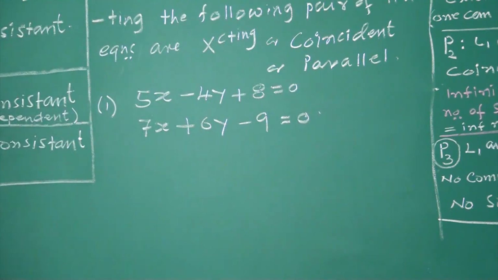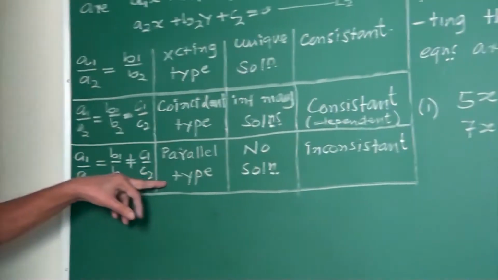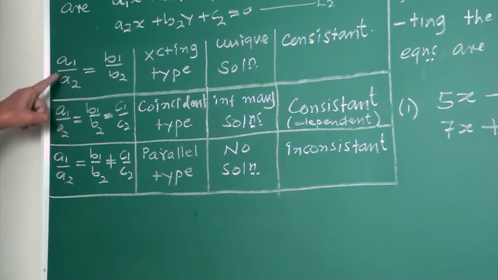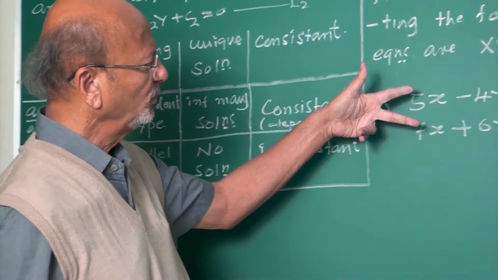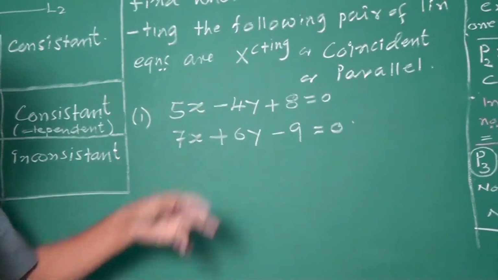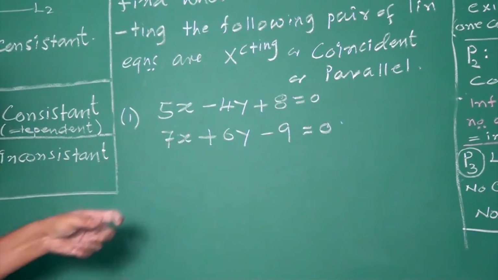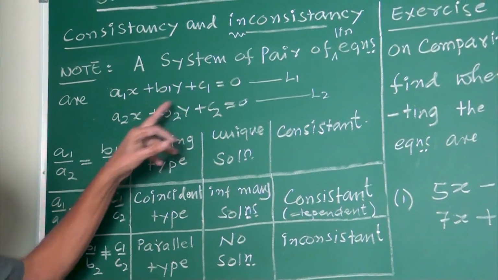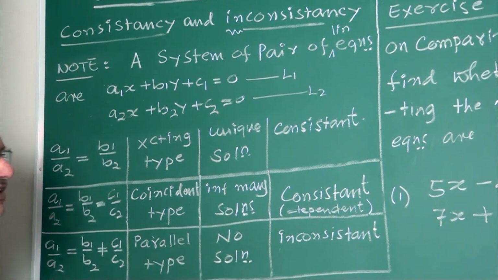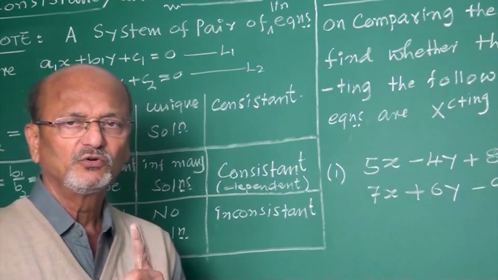Yes, my friends. To decide intersecting, coincident, parallel, you have to test these ratios. These ratios are A1 upon A2, B1 upon B2, C1 upon C2. Compare these with the standard form. Write the values of A1, B1, C1, A2, B2, C2, then find the ratios. One example I do in detail.